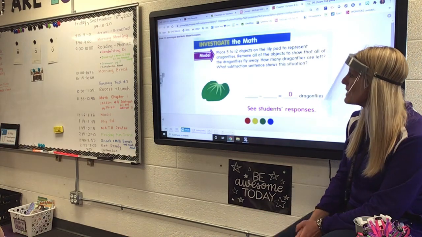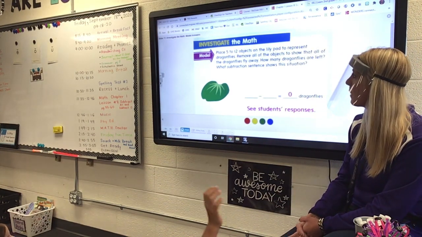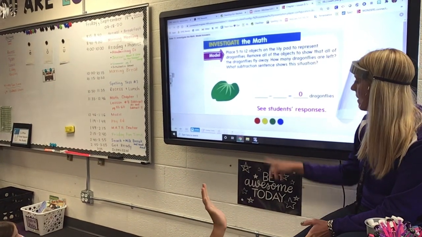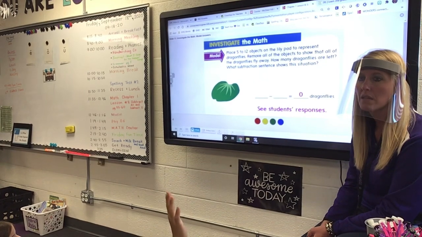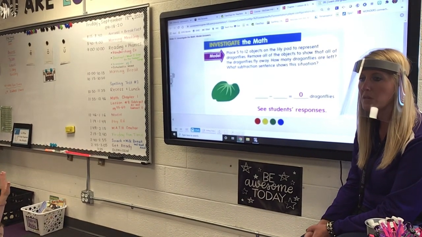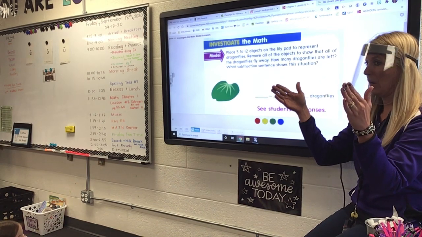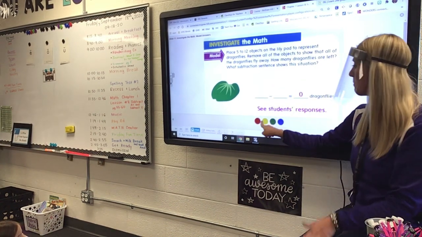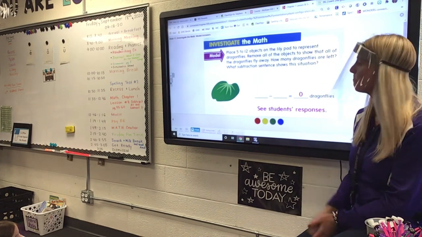Place 5 to 12 objects on the lily pad to represent dragonflies. I'm sorry, they're not frogs. So you pick which one of these count as dragonflies. Raylan, would you come up here and pick between 5 and 12? They're going to be dragonflies. I'm sorry, I read it wrong. It's dragonflies.